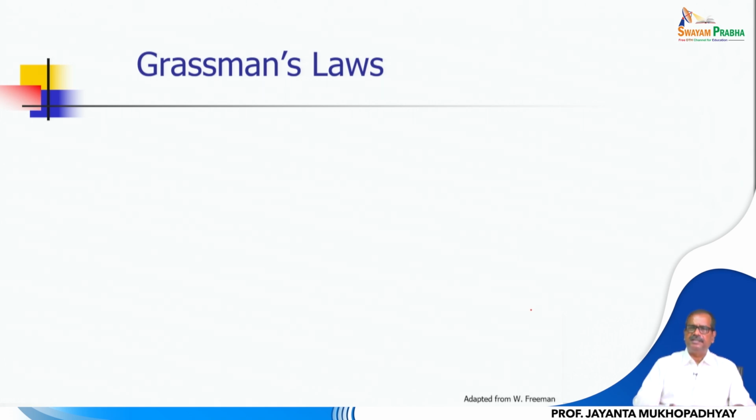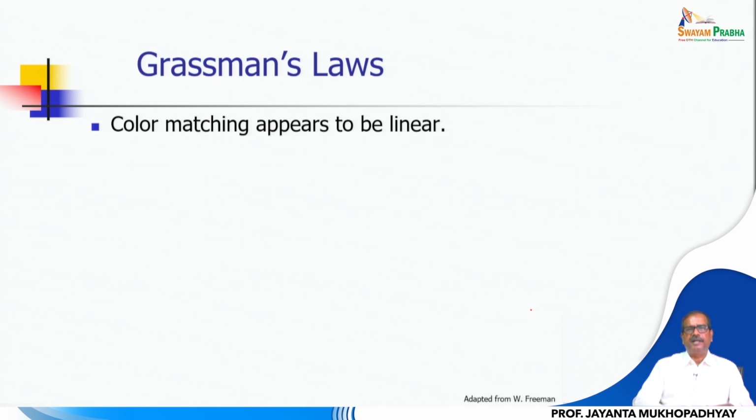So the laws of color mixing, as I mentioned, are the same as we apply for analyzing a linear system. So linearity is also applied in this law.